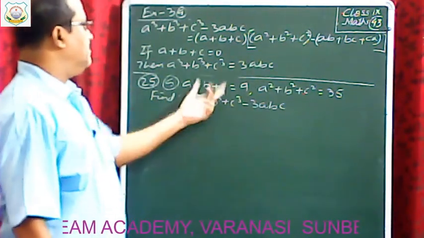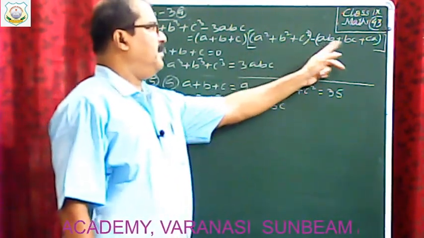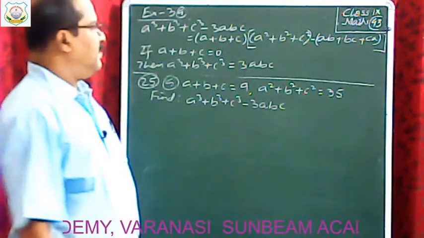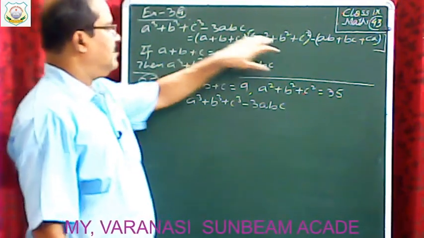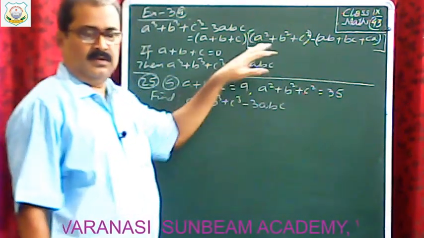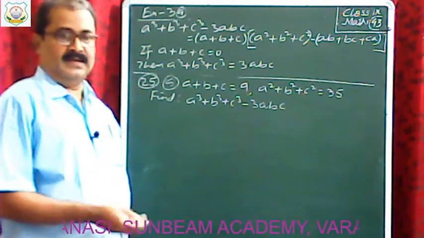We have a plus b plus c and a square plus b square plus c square, but ab plus bc plus ca is not given. These 3 parts also have one identity.